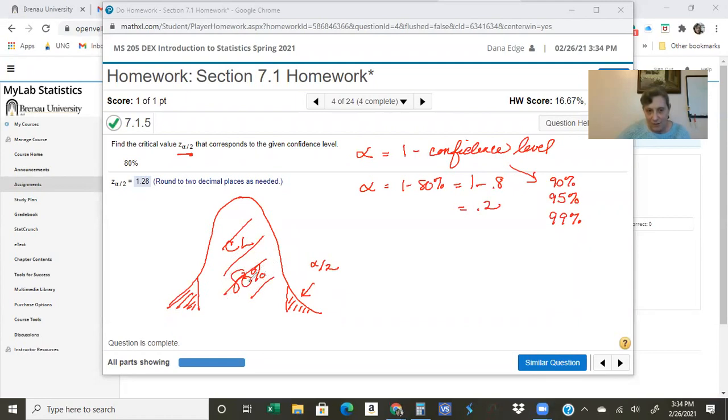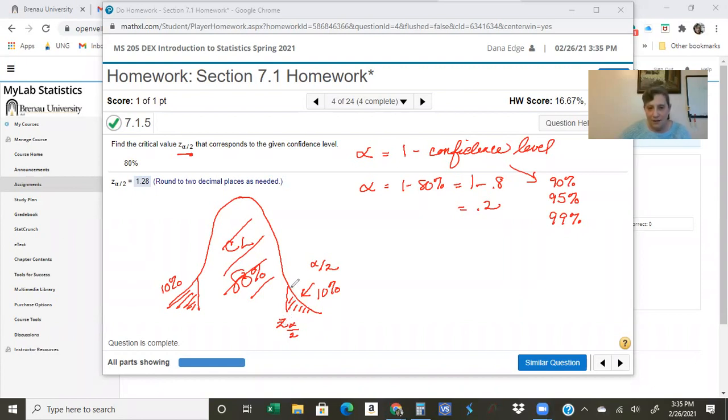So if this is 80%, then the 0.2 is split between these. These are 20% between them. So this means that each of these contain 10%. Your z value for alpha over 2 in this case, because alpha over 2 is 10%, then we need to find the z value that has 90% of the area under the curve below that.